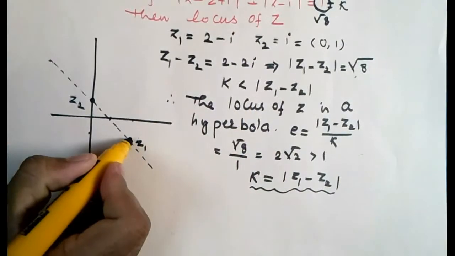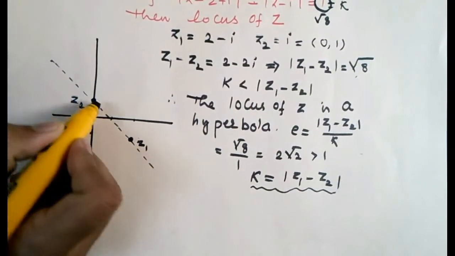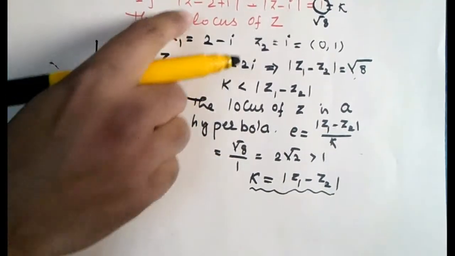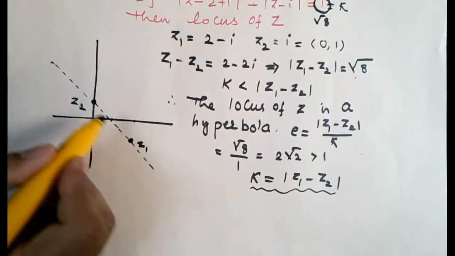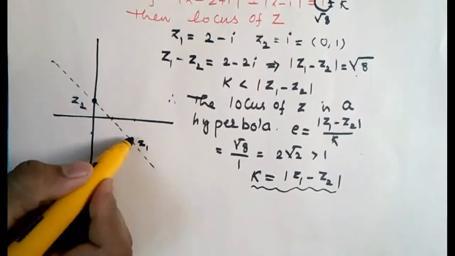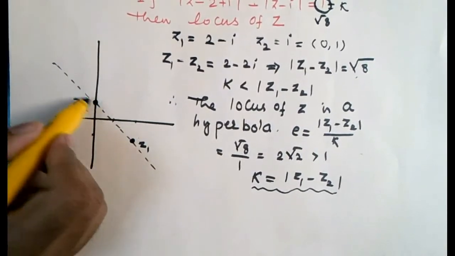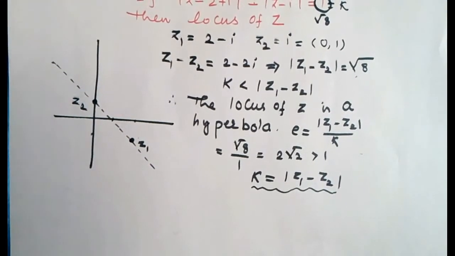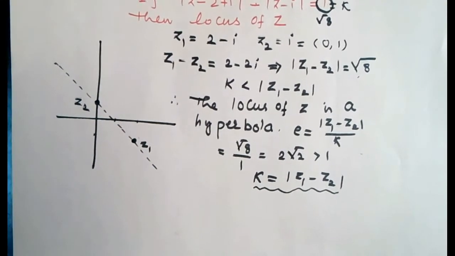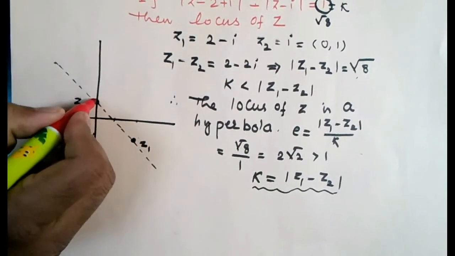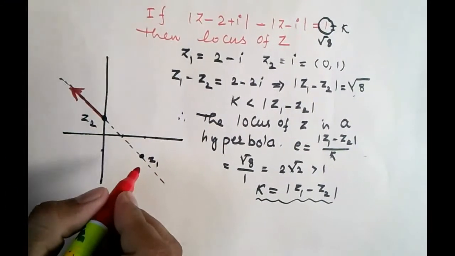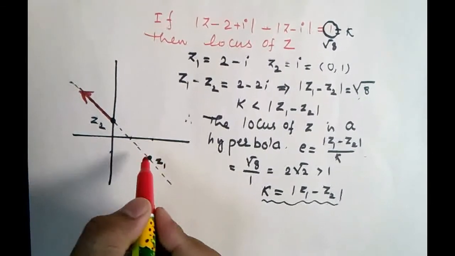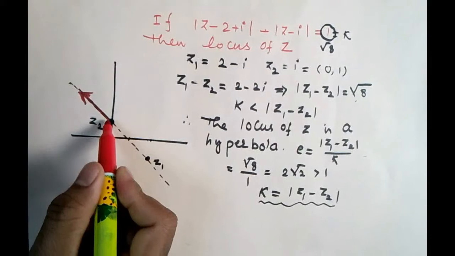So here we have Z1, here we have Z2. So where is that Z moving? Because the Z and Z1 distance should be more. If I take Z here, the distance to Z1 will obviously be more compared with Z2. So the locus of Z is a ray in the direction of Z1 Z2, outside of the line segment Z1 Z2.